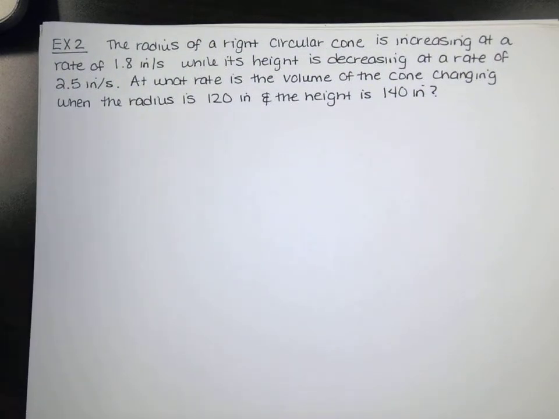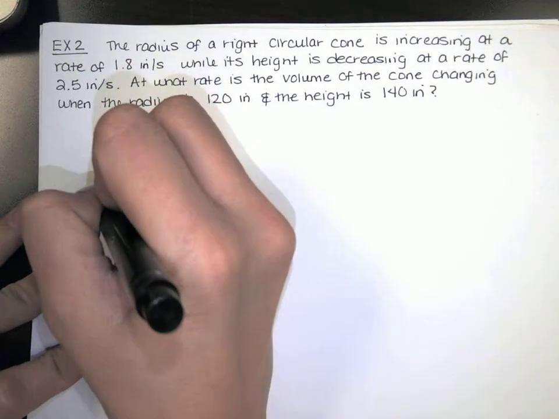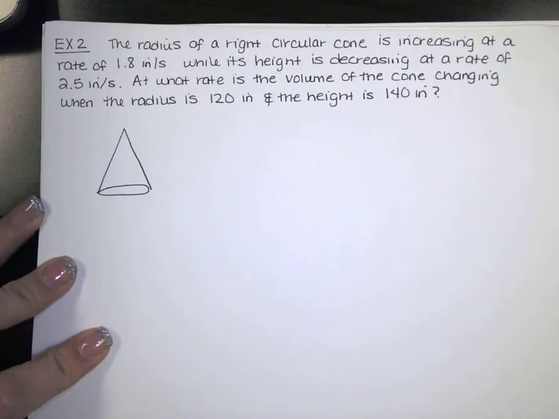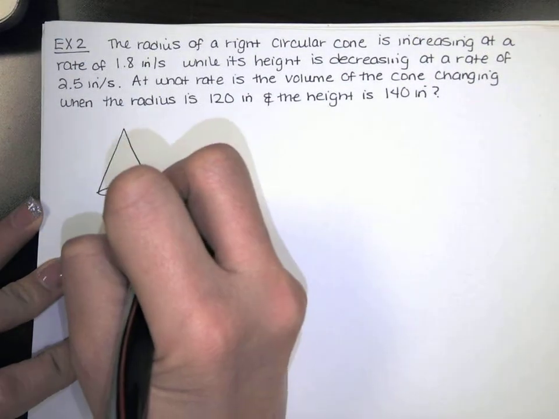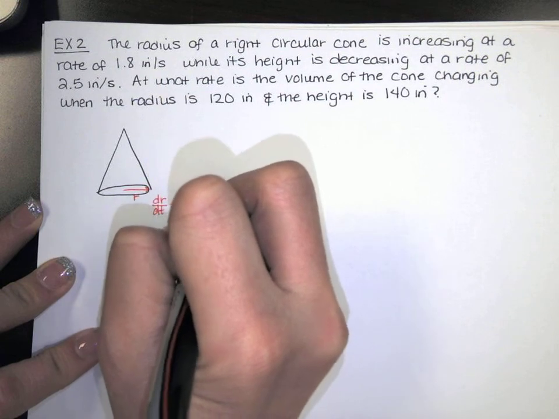Got a word problem. We're told that the radius of a right circular cone is increasing at a rate of 1.8 inches per second. So I've got a cone. And its radius, at the bottom here, is increasing at a rate of 1.8 inches per second.